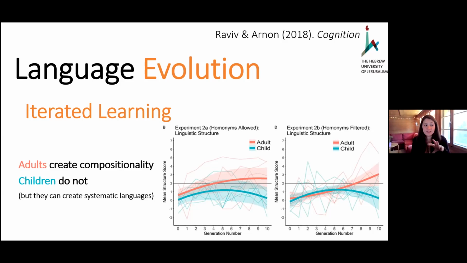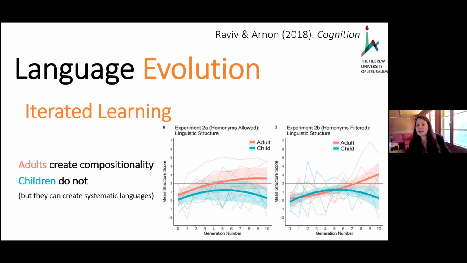But still, we found that there were some instances, if you can see the spikes, where children's languages did develop systematic structure on multiple occasions. It just didn't survive to the next generation. And children's languages also became easier to learn in both conditions in exactly the same manner as adults. So we found some parallels.